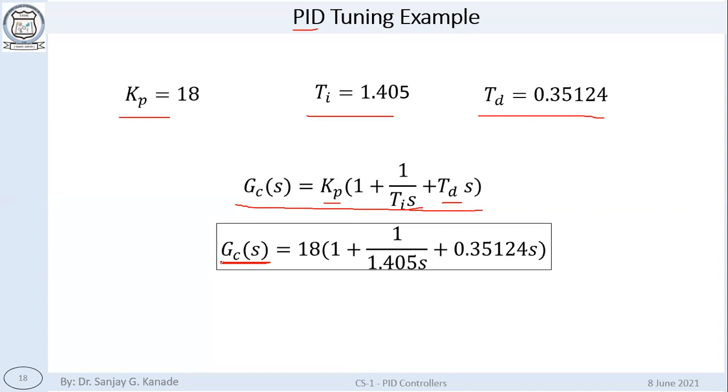So this is how we have obtained the transfer function of the PID controller block. And this is what is designing of a PID controller, or also called tuning of the PID controller. Both things are the same. In any case, whenever we say design of a circuit or design of a system, what does it mean? It means to find out the parameters of the circuit.